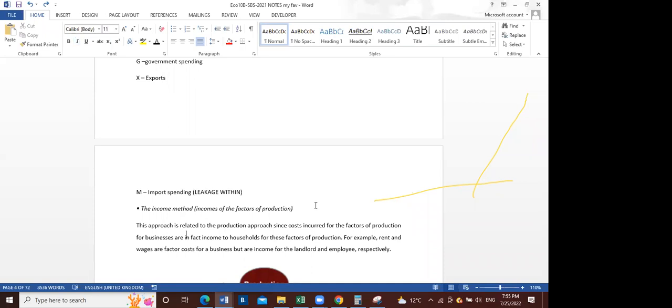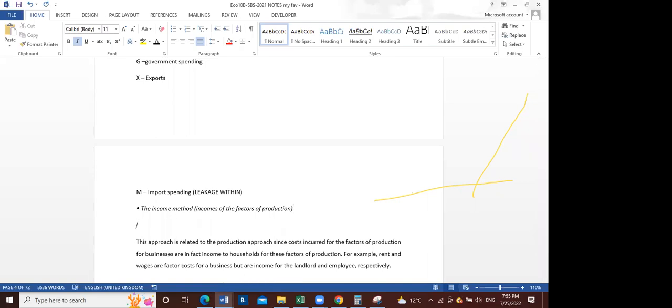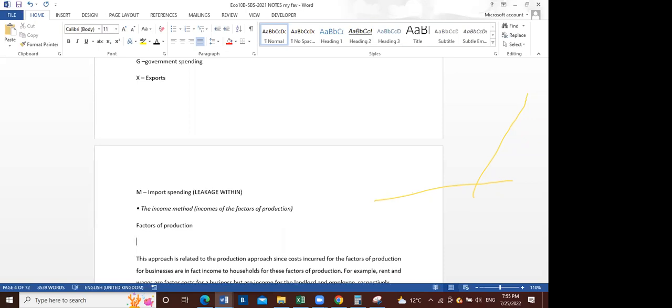So in terms of the households, you can list the factors of production that are normally found within an economy. In the factors of production, we say that households are the owners of the factors of production.